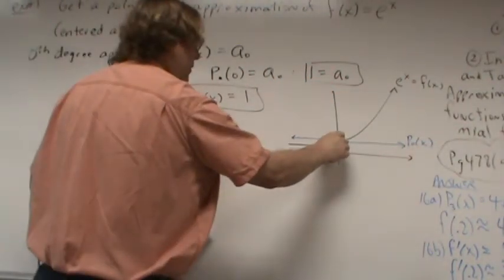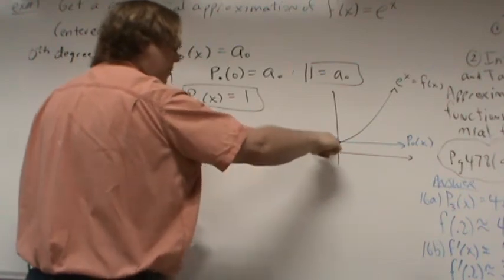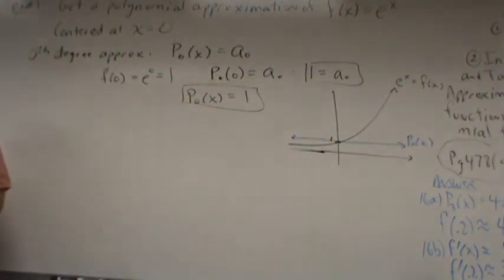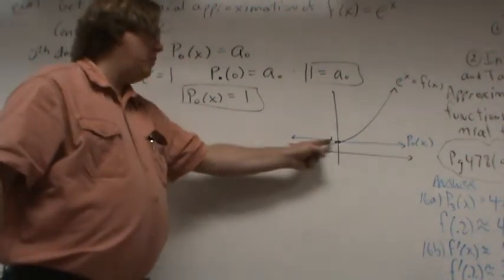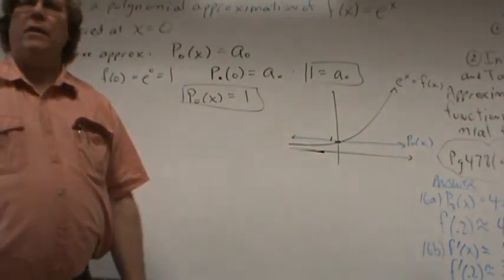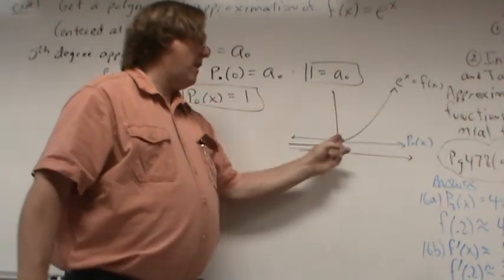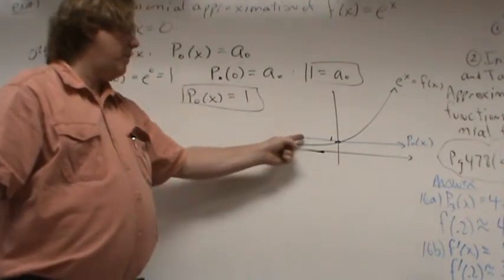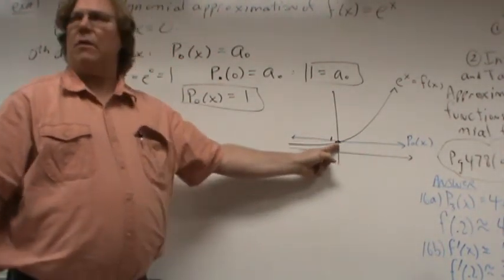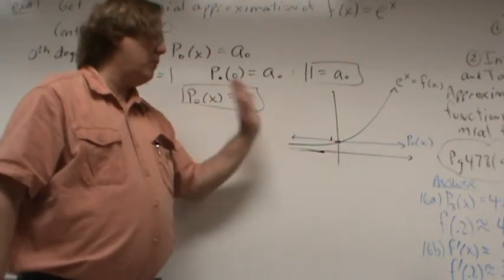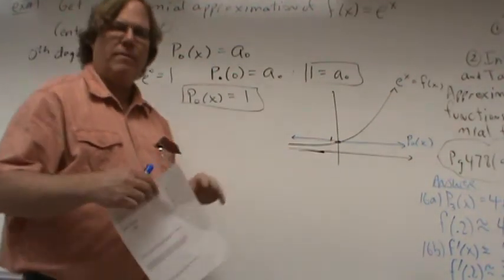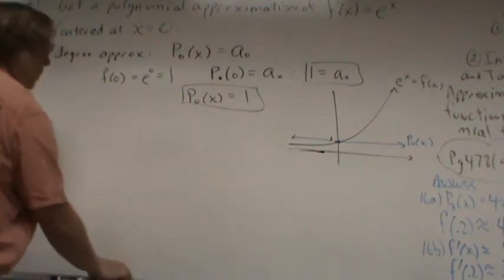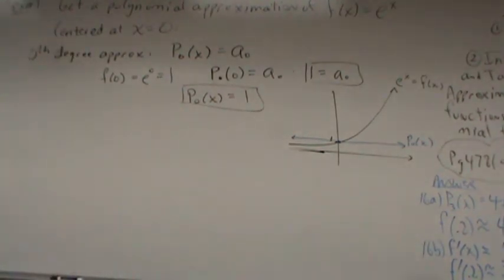Notice that at x equals 0, my 0th degree approximation is right on. It's perfect at x equals 0. But it's not very good as you get any distance from 0. You see, e to the x is really diverging from p naught of x. So this is a terrible approximation, except at x equals 0. So I'm not satisfied with a 0th degree approximation.